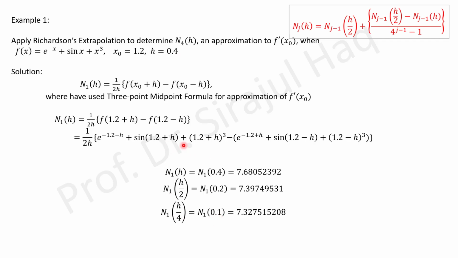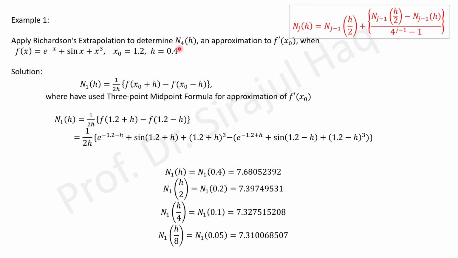So replace h by 0.1 in this expression. You are getting the value of N1 of h divided by 4. Similarly, N1 of h divided by 8: 0.4 divided by 8 is equal to 0.05. So replace h by 0.05 in this expression. You will be getting N1 of 0.05, which is basically N1 of h divided by 8.